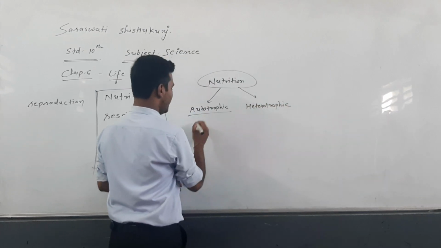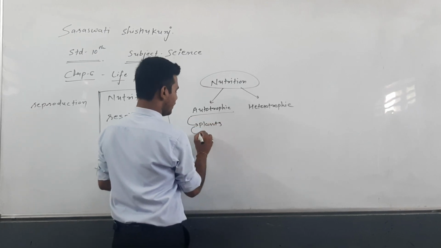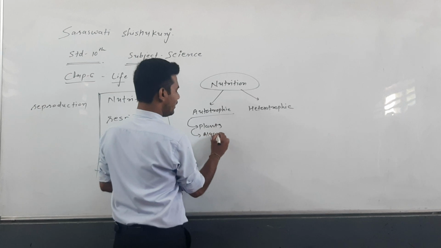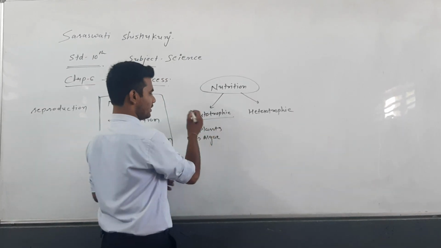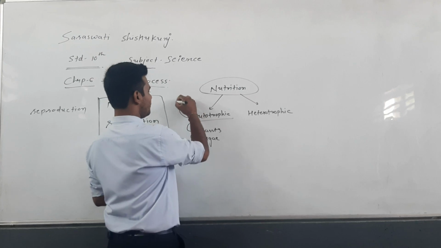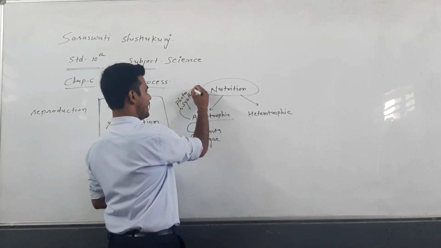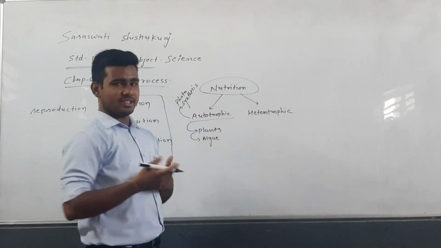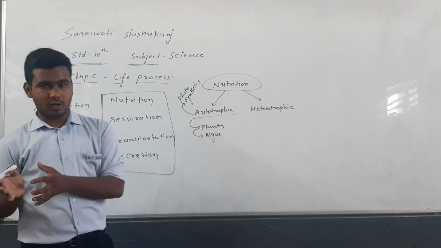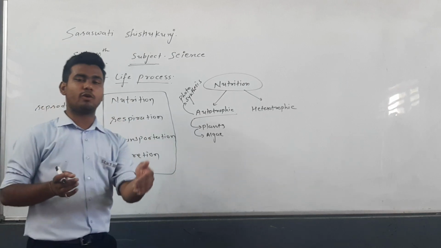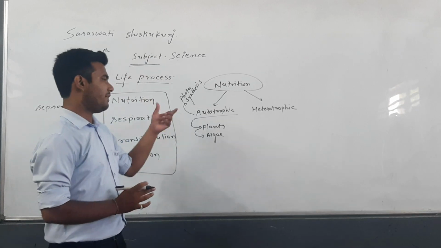In autotrophic, there are different plants and algae, and all will be examples of autotrophic nutrition, because generally they do the photosynthesis process. And what is photosynthesis? With the help of carbon dioxide and water from the atmosphere, in the presence of chlorophyll and sunlight, plants prepare their food. So that is photosynthesis.